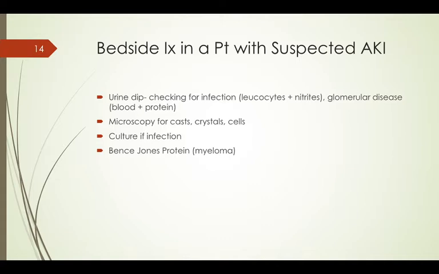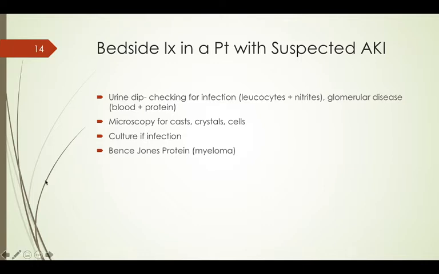Bedside investigations. So we always start with the basics. You've taken your history, you examine the patient, and then do your bedside tests. So a simple one, urine dip. So we're going to have a look for infection, specifically leukocytes and nitrites. Have a look for glomerular disease, presence of hematuria, proteinuria.